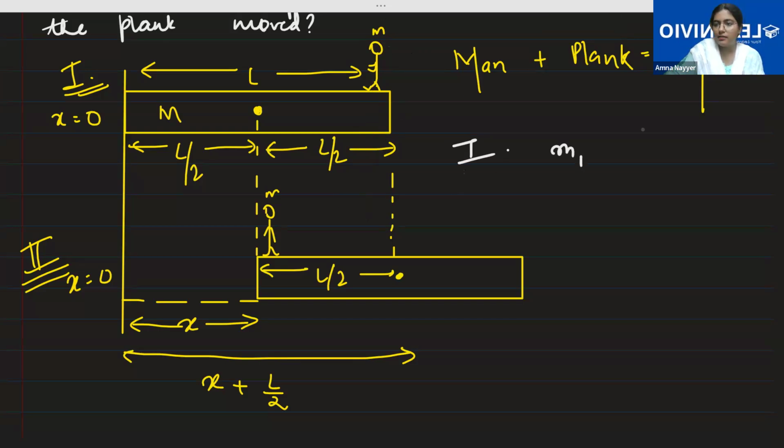One, let's say this man. His mass is given as small m. X1 will be, tell me, this is your origin, 0. Where is the man standing? L by 2.